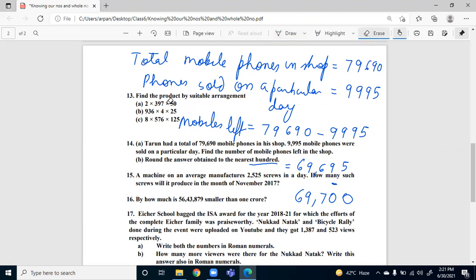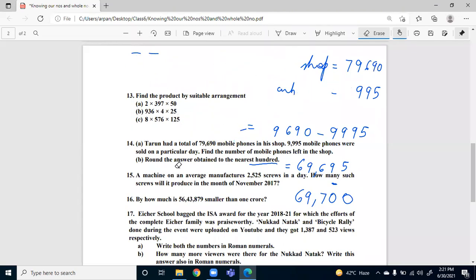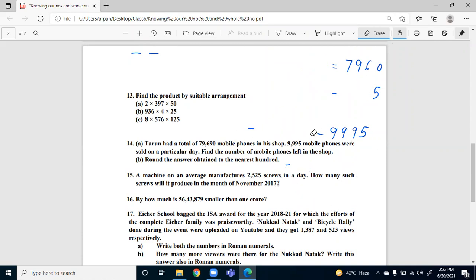So let's proceed to question number 15. Ma'am, I have a doubt. If we write a number like 449, and we round it off, then why do we get 400? Why don't we get 500?